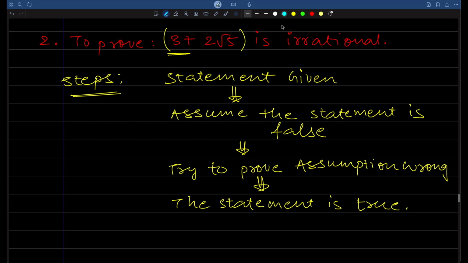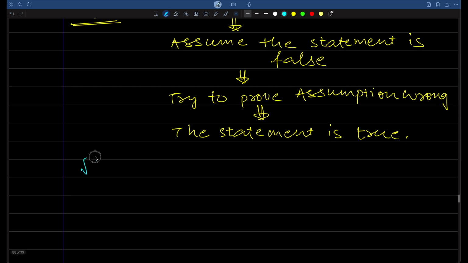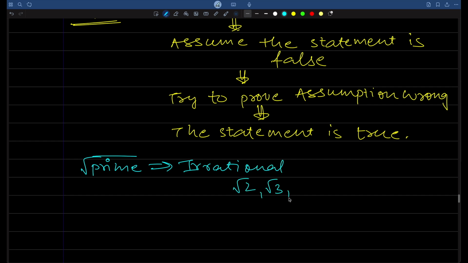We can say in general that in any of these types of questions, we know that the square root of a prime number is irrational, that is root 2, root 3, root 5, root 7, all these are irrational numbers.